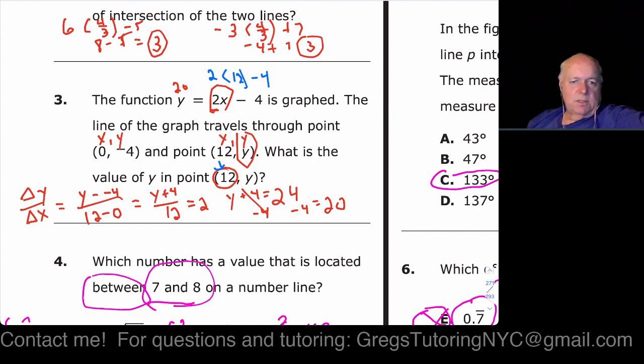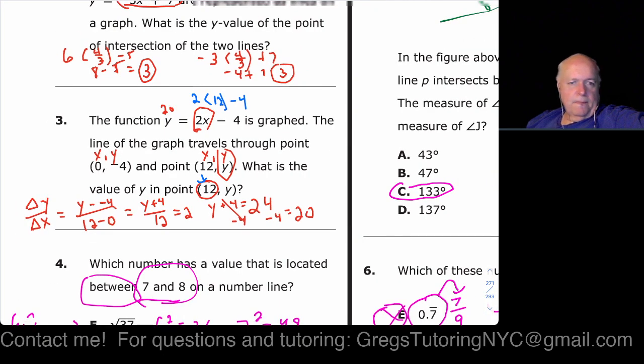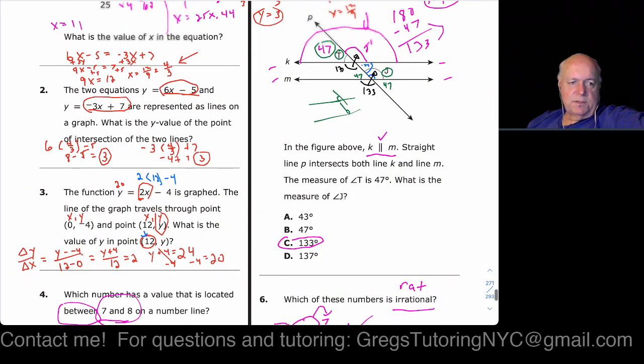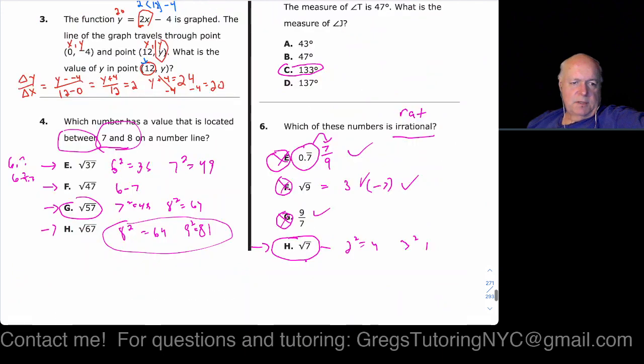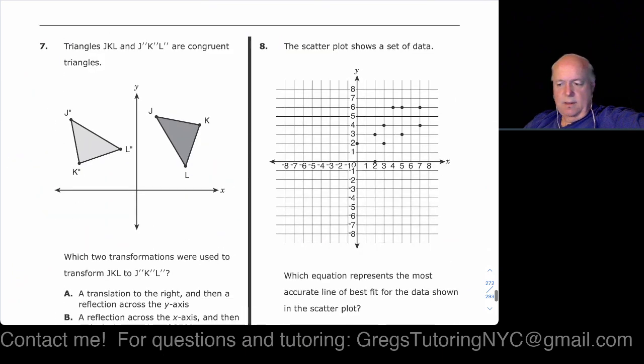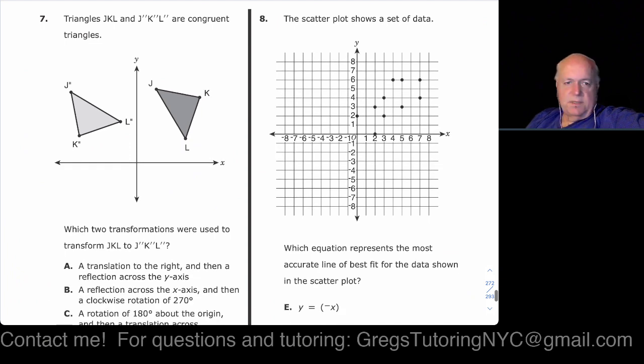Let's see, what's the next question we can solve here? 2, 3, 4, 5, 6, 7, 8. Let me see here, 8's busy.